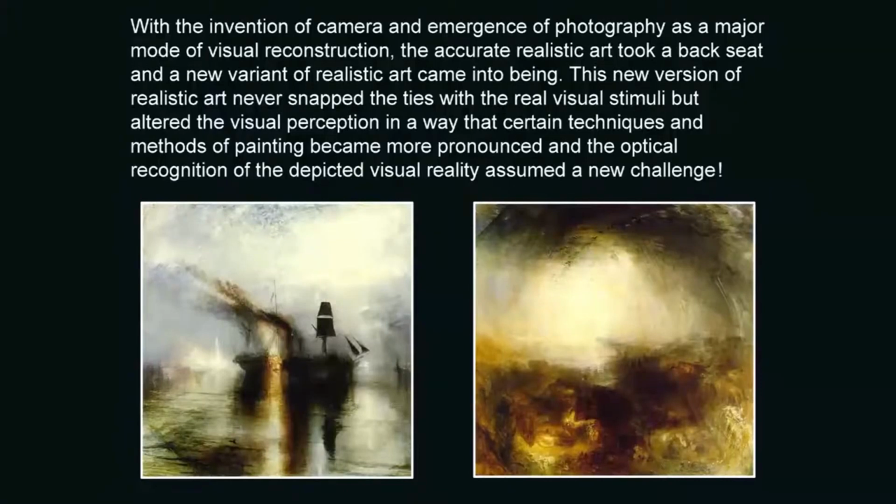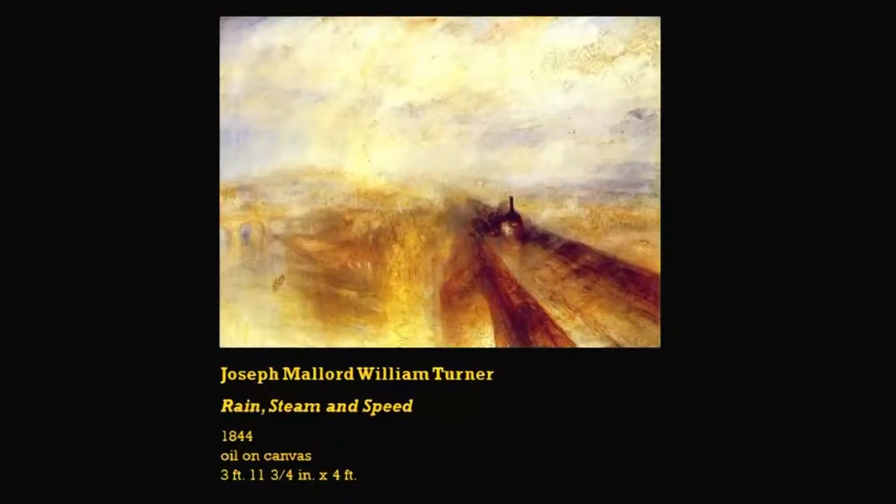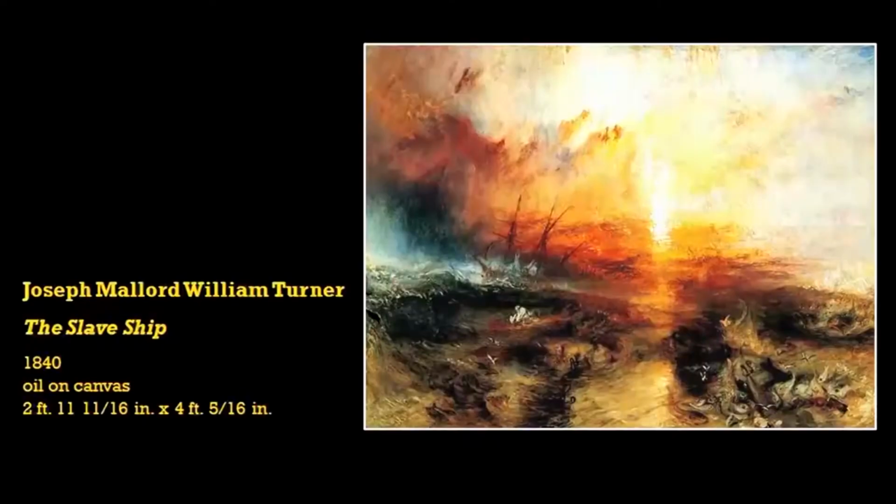So, Turner upsets the hitherto notion of realistic art, though he is still realistic, he is still trying to depict the reality that he was not imagining, but seeing and observing, but he was using a different technique of representation, which made a radical shift from the academic realistic art which was prevalent before.